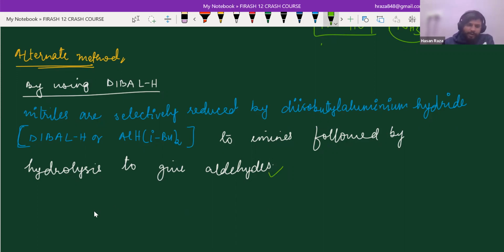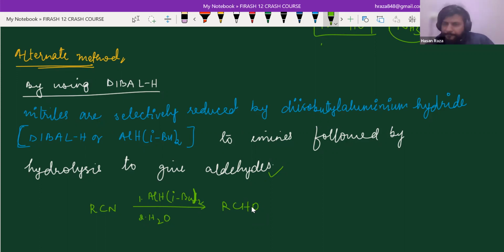So we can write RCN, in the first step use diisobutyl aluminium hydride, followed by hydrolysis, so it will directly give you RCHO. So there are two methods. Is that clear? Please do write it.